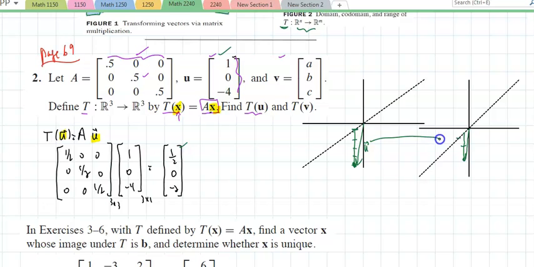That's really T of U. That's what it's doing. It's shrinking it by a factor of 2. Obviously, it's right there. You can tell, right?